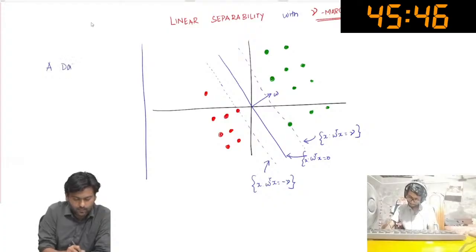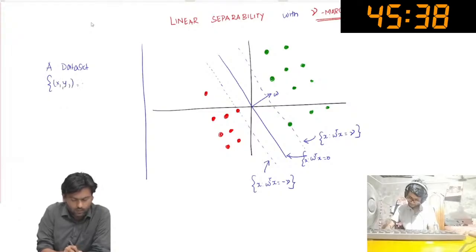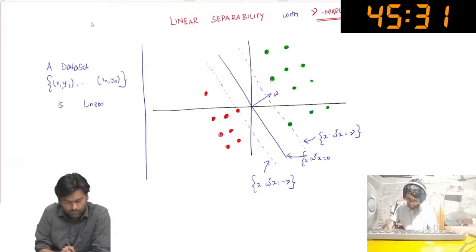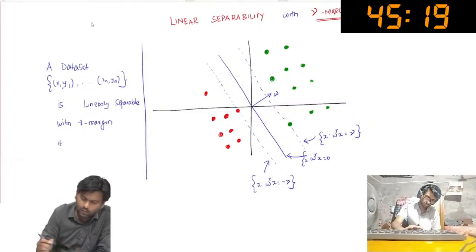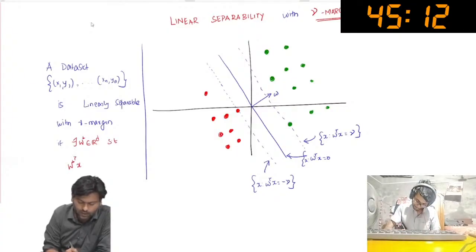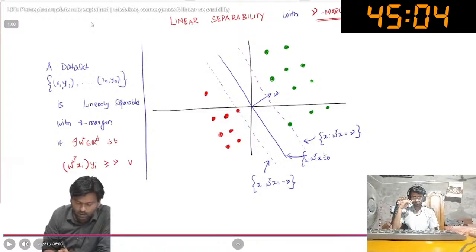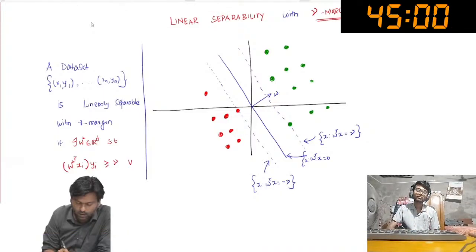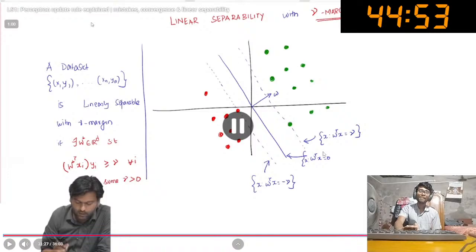So, we are going to say a data set, which is just a bunch of (x1, y1) till (xn, yn) as usual, is linearly separable with gamma margin if there is some W star in R^D such that W star transpose xi, multiplied into yi, is greater than or equal to gamma for all i, for some gamma which is greater than 0.